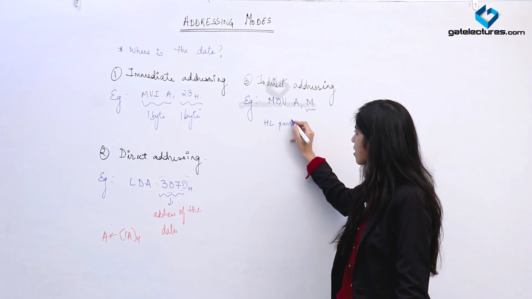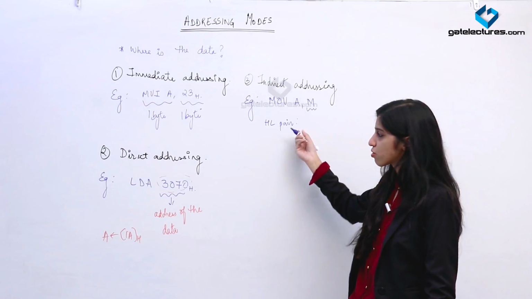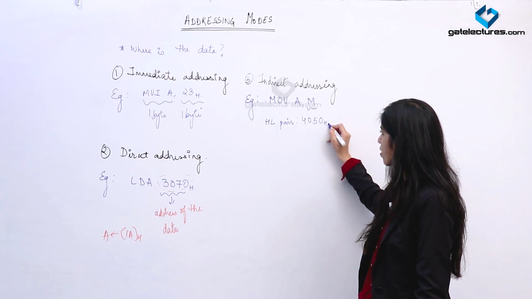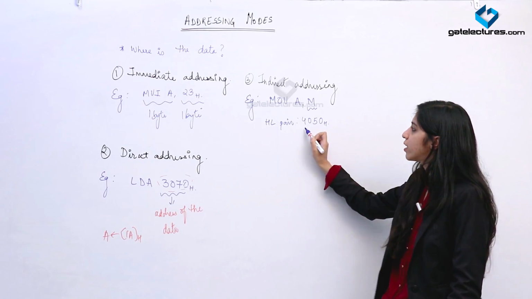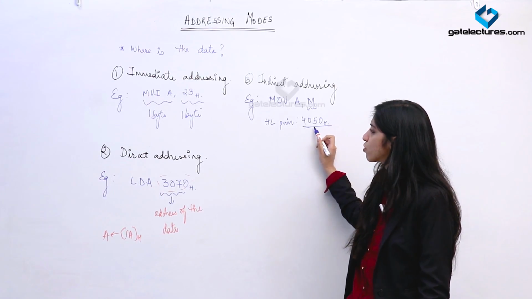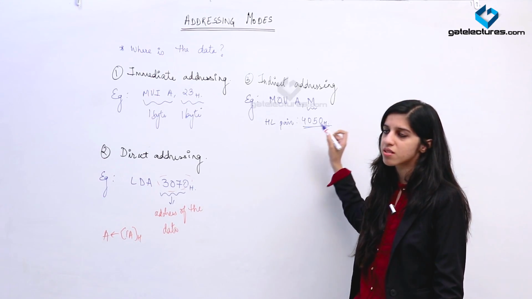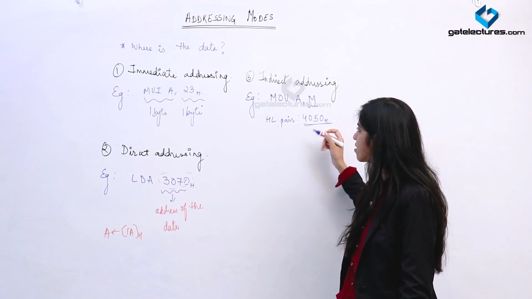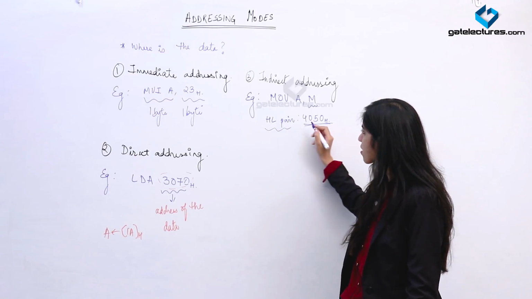Suppose the HL pair held the value 4050. This means that whatever value the HL pair points to is the required memory address where our data is stored. So the HL pair will give some value.